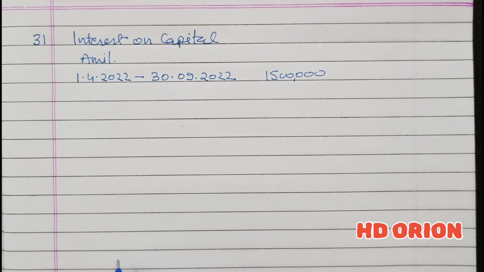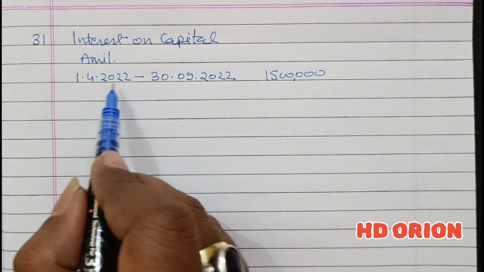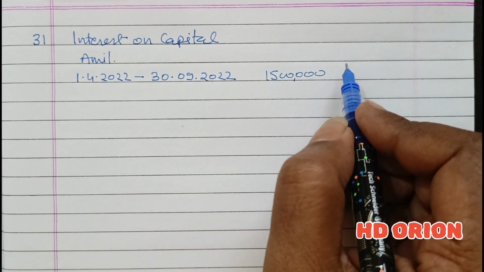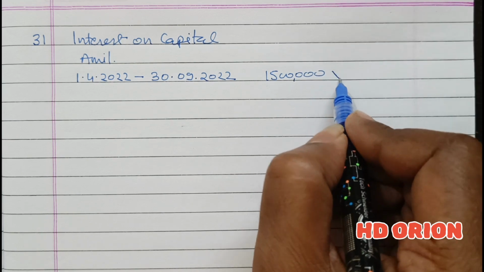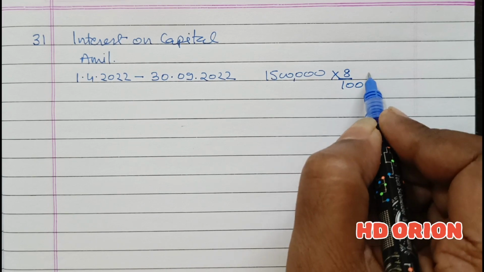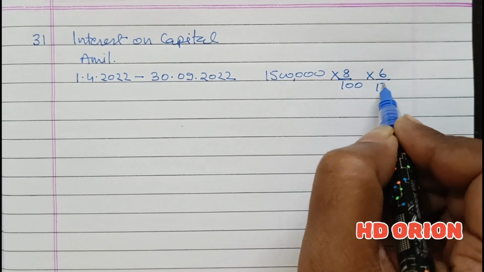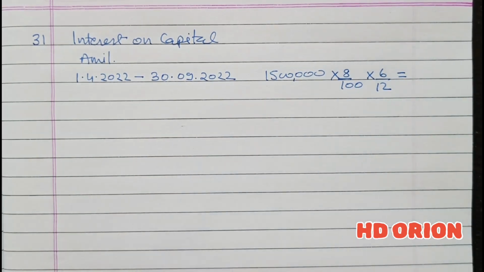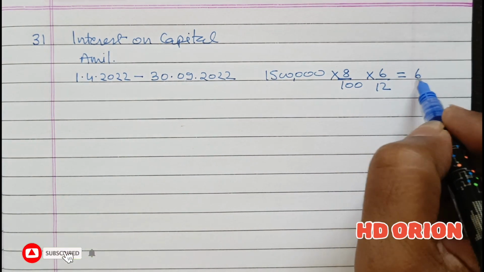As per the agreement between them, they have made their capitals rupees 12 lakh on 1st October 2022. So before 1st of October, his capital is rupees 15 lakh. So as written in partnership deed, interest on capital at the rate of 8% per annum, but only for 6 months, from April to September, 6 months. So on 15 lakh, 8% is rupees 60,000.